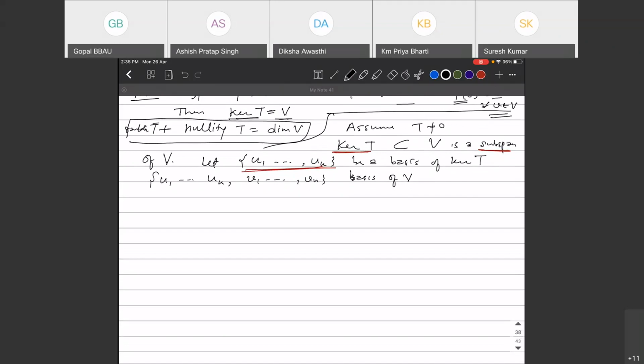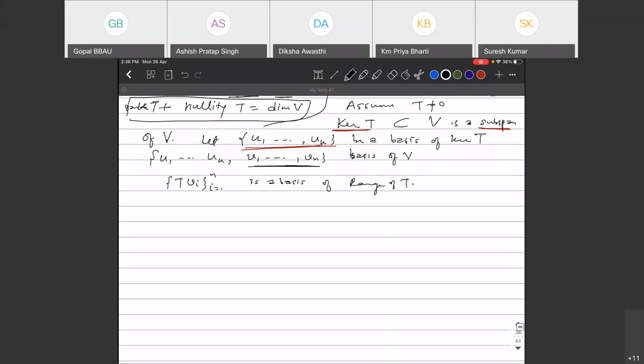So you claim that T V I, I equals 1 to n, is the basis of the range of T. If you prove this, this means the rank of T is n, the nullity of T is k, and you know what the dimension of V is? The dimension of V is this plus this. Do you see?